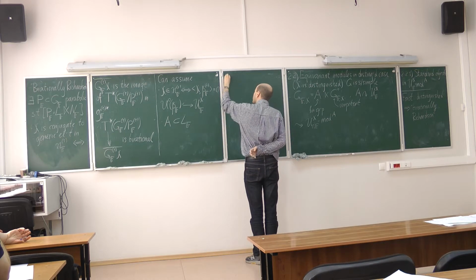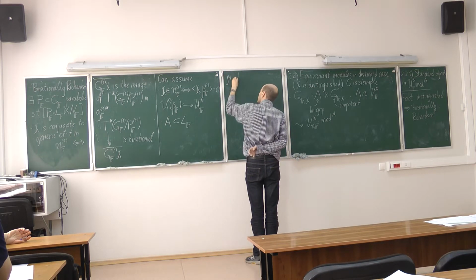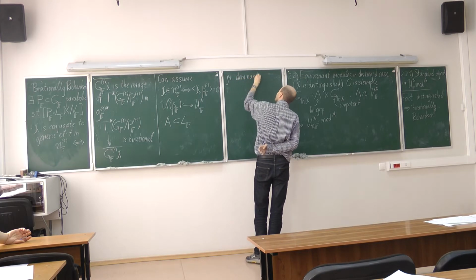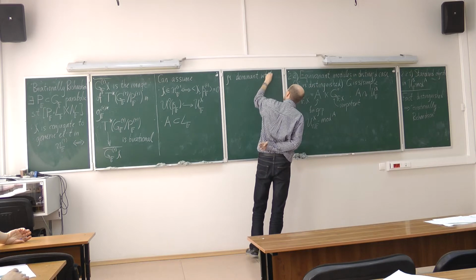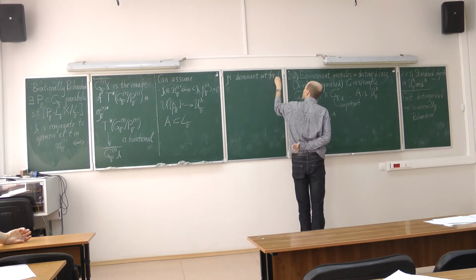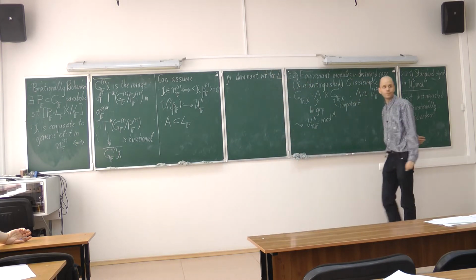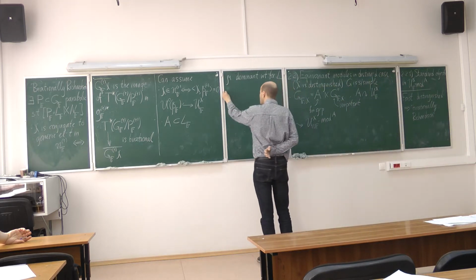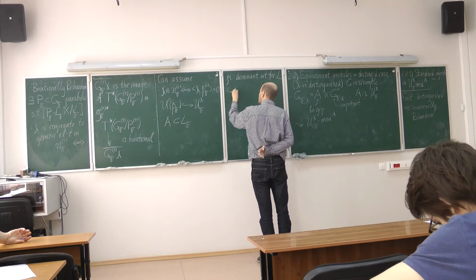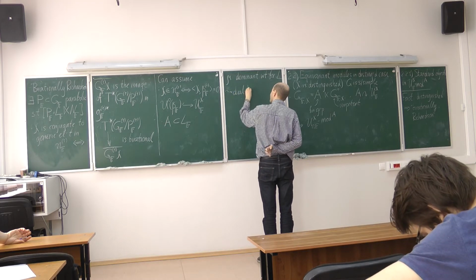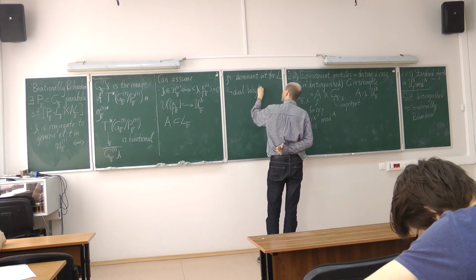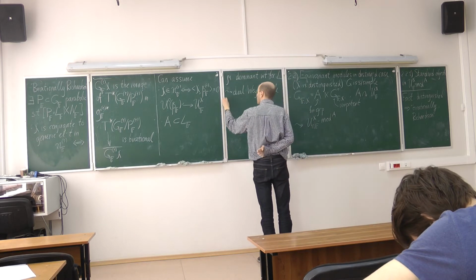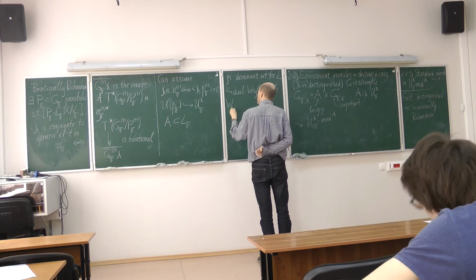So let me take mu, which is a dominant weight for the Levi L. And from this I can produce the so-called dual Weyl module, let me write it W_LF of mu.